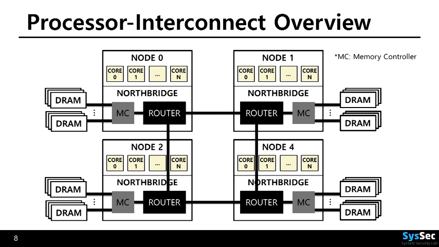In the processor interconnect, these nodes are connected to each other by using processor-interconnect technology. If certain nodes access remote DRAMs, the north bridge creates a packet based on the DRAM mapping information, and the router transmits the packet based on the routing information.